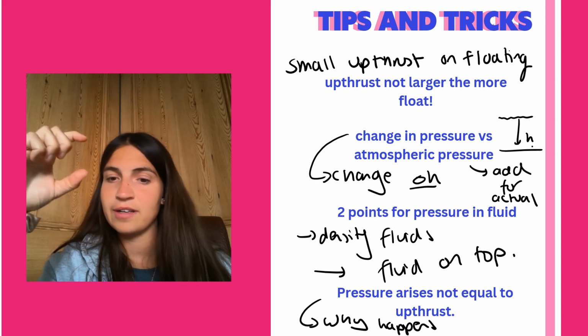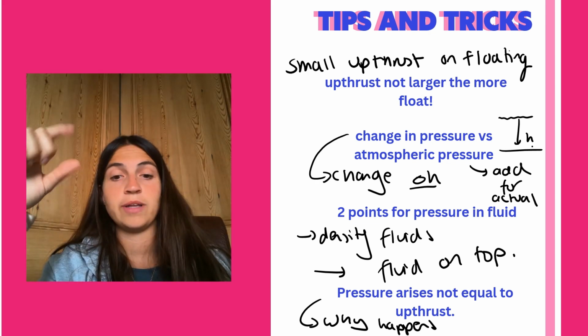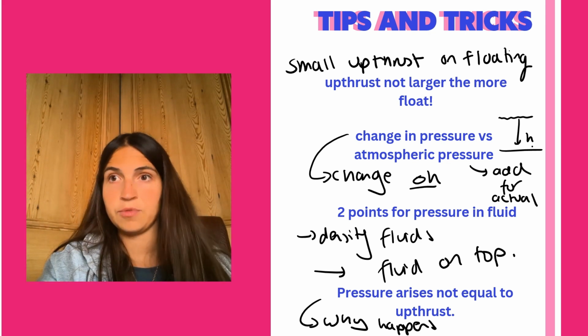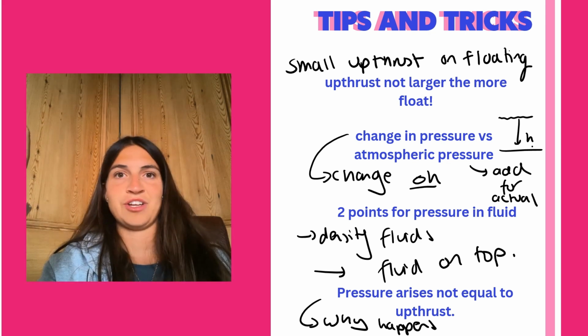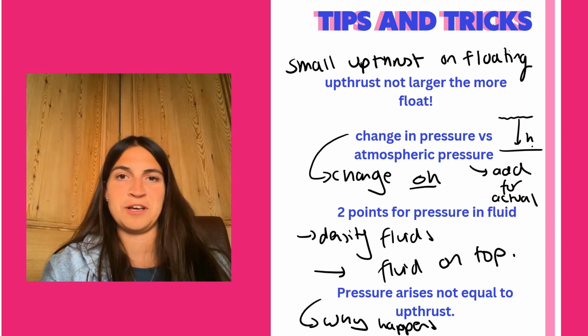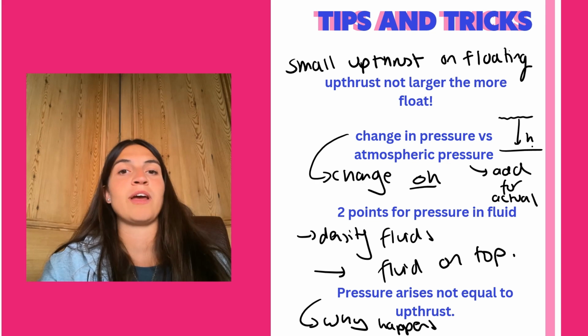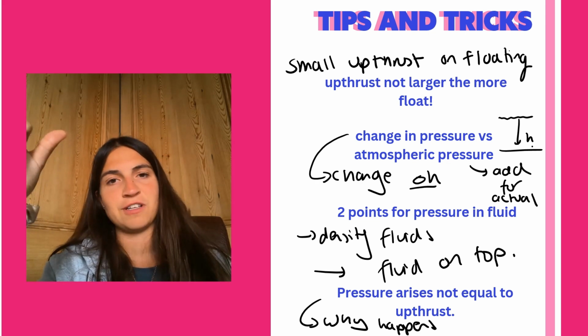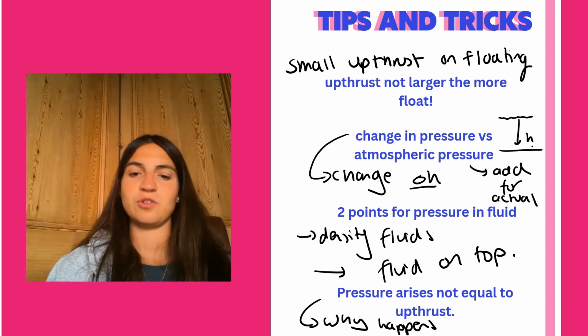And that difference in pressure between those 2 points is what causes your upthrust. But it is not equal to your upthrust. You can't find that change in pressure and then say that that's equal to upthrust. They're not equivalent. Your upthrust is equal to the weight of fluid displaced, but it's a consequence of the fact that there's a difference in pressure between 2 points on your object.